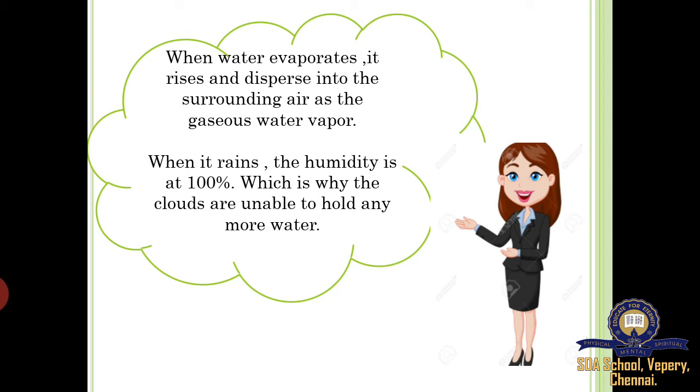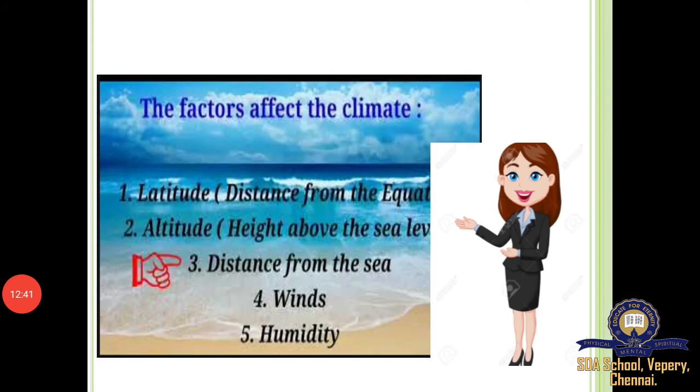Okay, let us recall from the first. What are the 5 factors that affect the climate? The first one is latitude, that is the distance from the equator. The equator is the latitude of 0 degrees and gets the most direct rays from the sun.